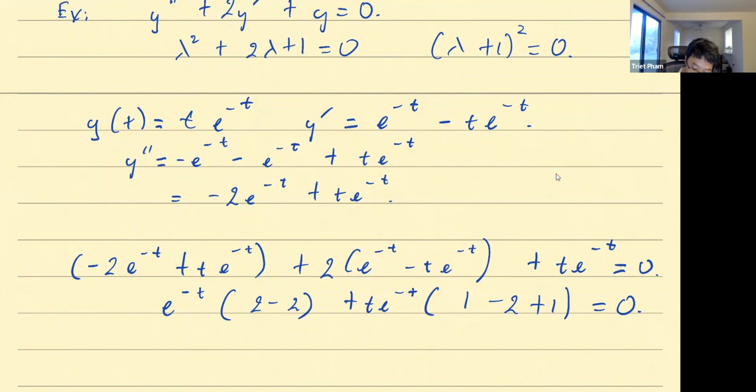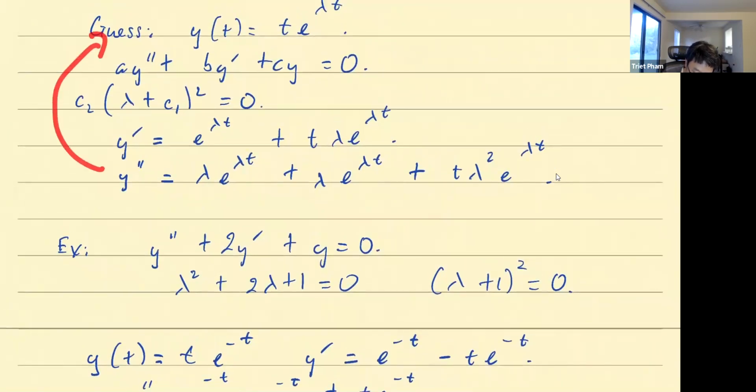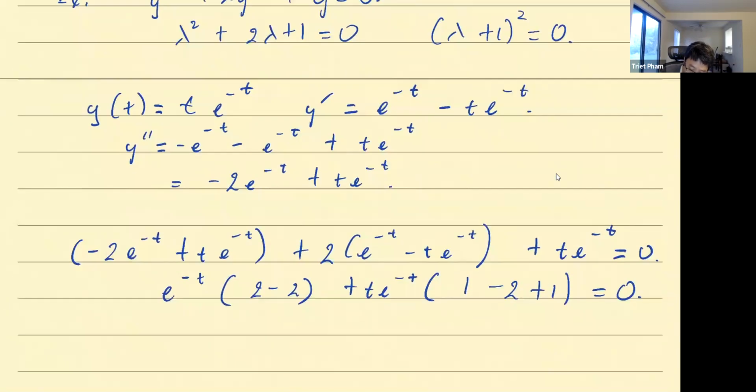So what's going on behind the scene? I may go back to here and show you the abstract result. You will have e to the minus alpha t here times 2, and then you have the effect of lambda minus alpha here, or sorry, alpha minus alpha.